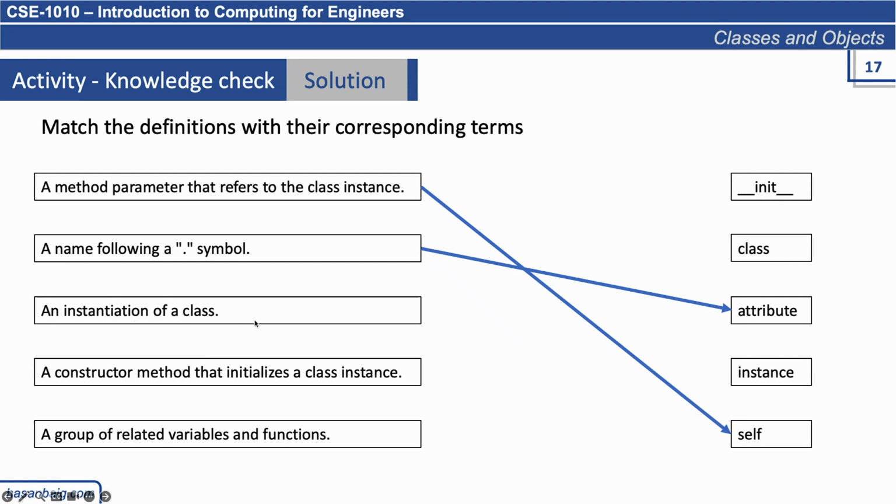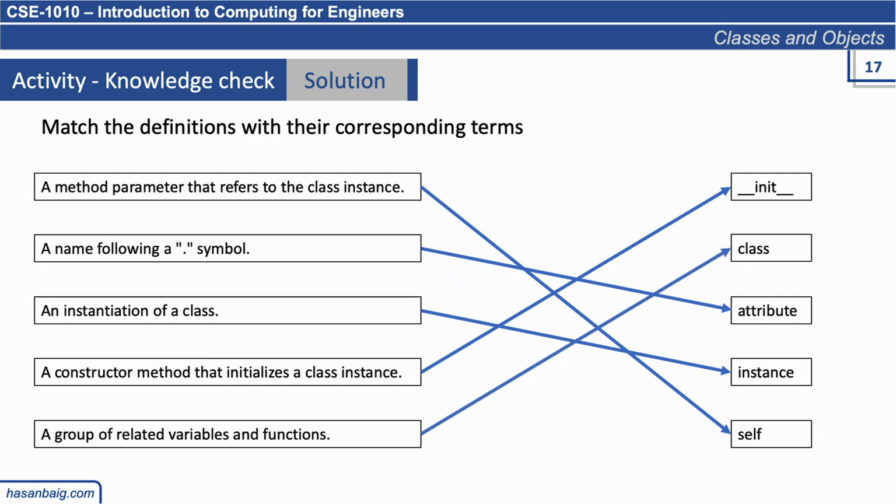Instance, yeah. What about the fourth one? A constructor method that initializes a class instance. We have just discussed this. The init method. And the last one, a group of related variables and functions, is simply referred to as a class.